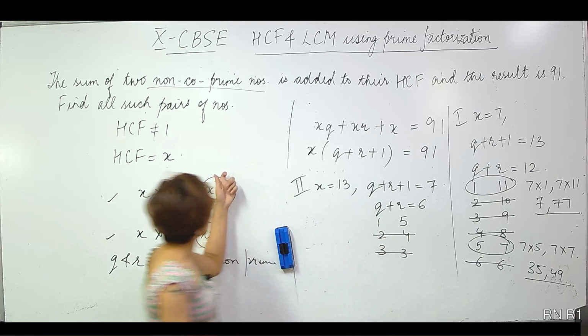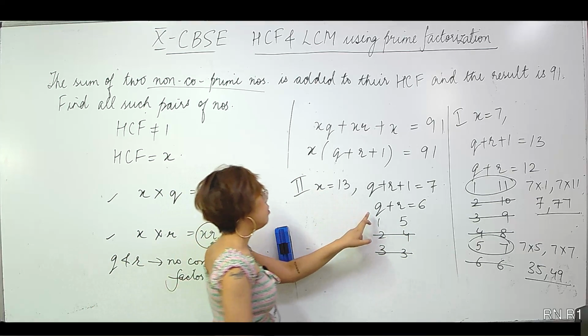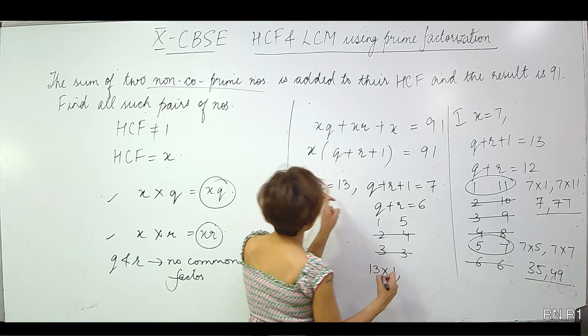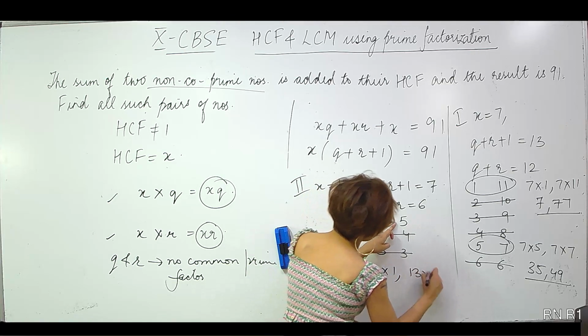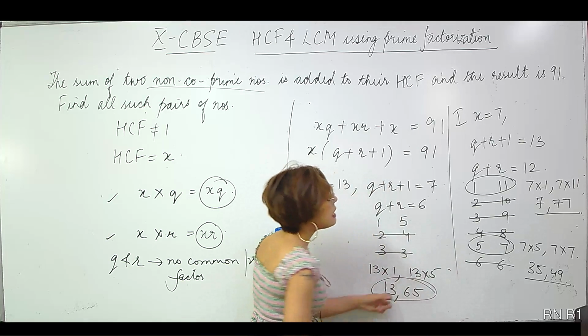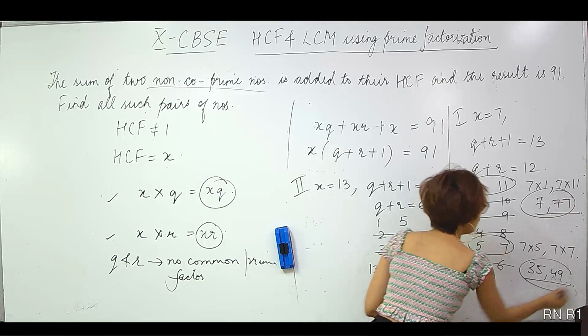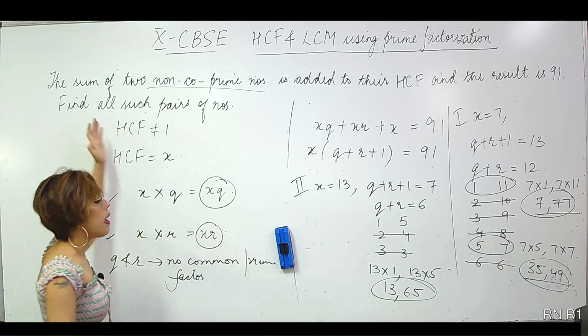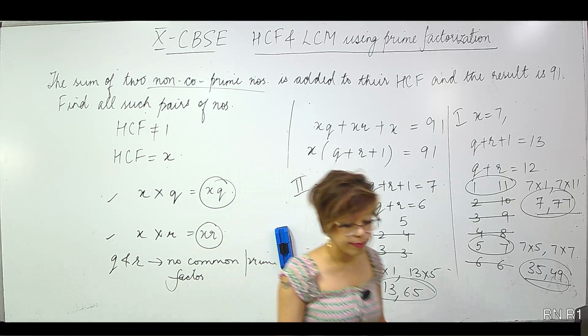So, again, xq and xr. xq is x into q, which is 13 into 1, and then x into r, 13 into 5. So this is 13 and 65. So, basically, three pairs of numbers would be there which satisfy this condition.